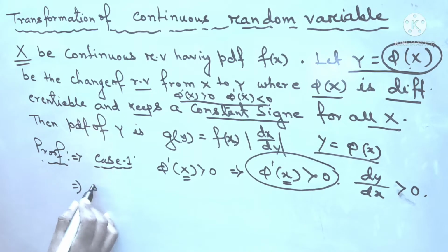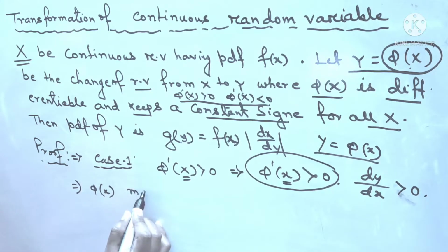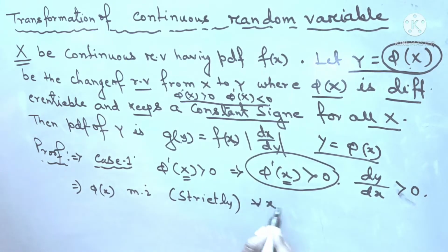And this gives phi of x is monotonic increasing, or we say strictly monotonic increasing, for all x.